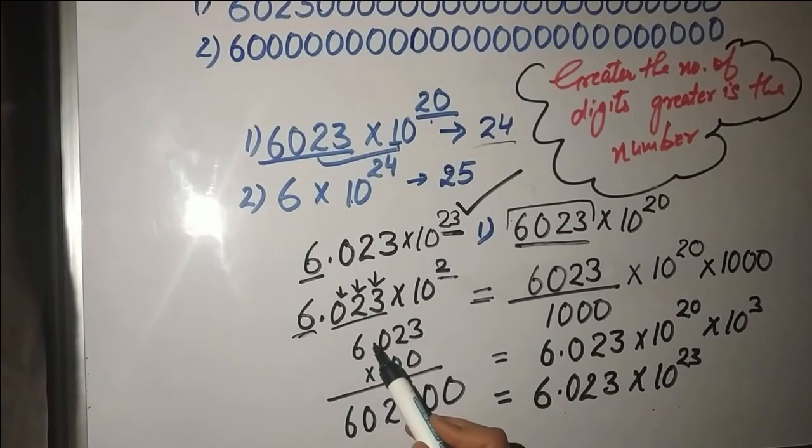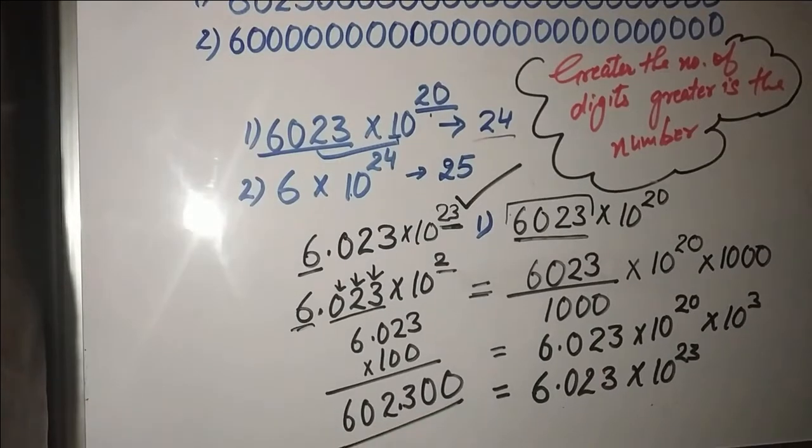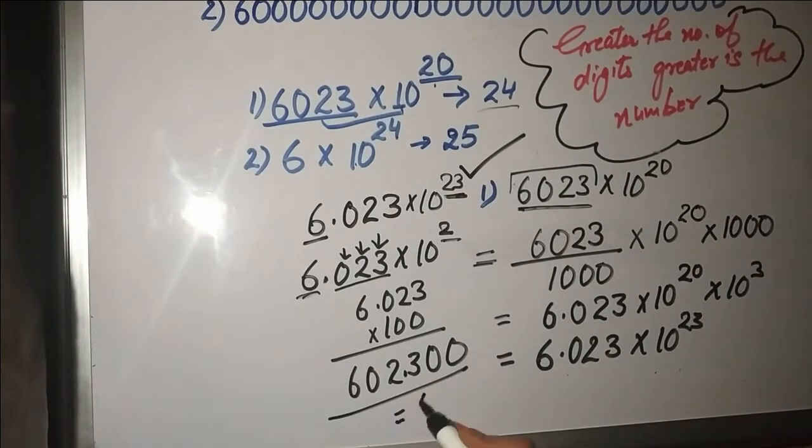Now the decimal. How many places after the decimal? 1, 2, 3. So here we will put the decimal, and this answer can be written as 602.3. How many digits is this? This is not a 4-digit number. It's not till 1000. It's still 602. It is a 3-digit number.